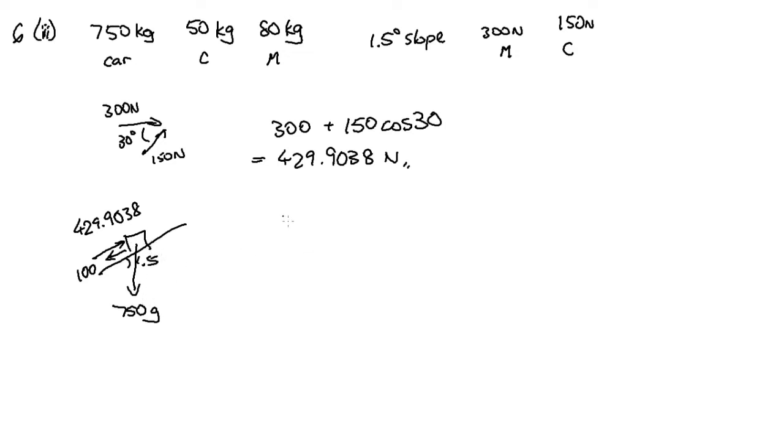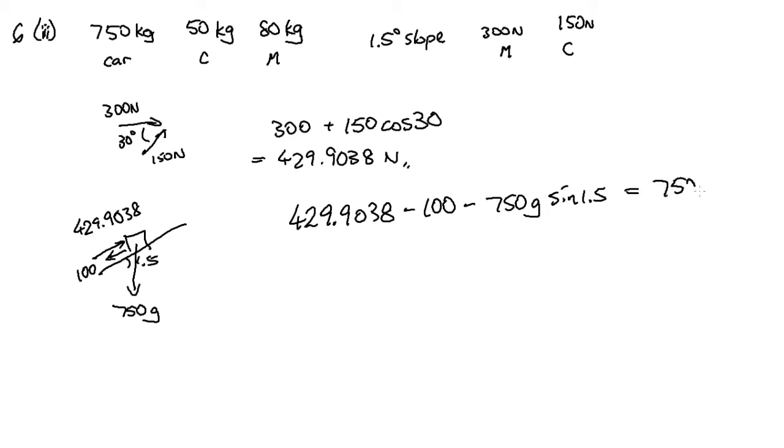So now Newton's second law, the car is accelerating upwards, and therefore 429.9 is the larger number, or positive. Subtract by 100, subtract by 750g sine 1.5 will give us MA, which is 750 this time.